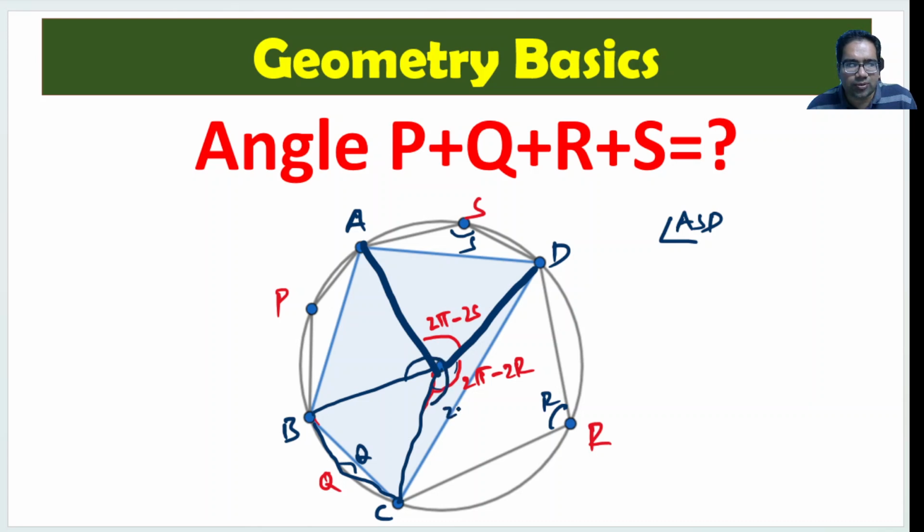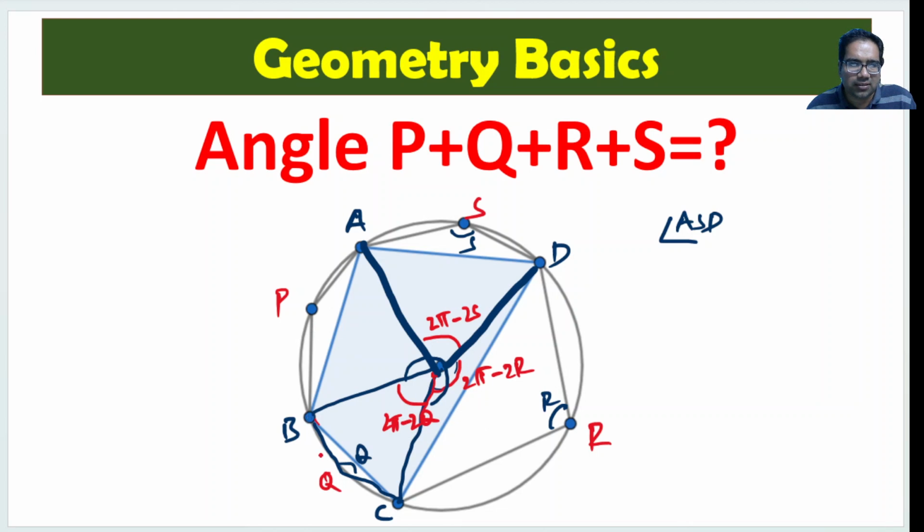This entire angle is 2Q because it is the same arc, the entire circle except this small part. If that is 2Q, this part is 2 pi minus 2Q.